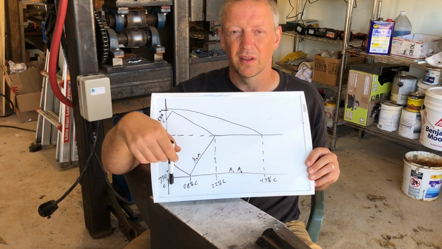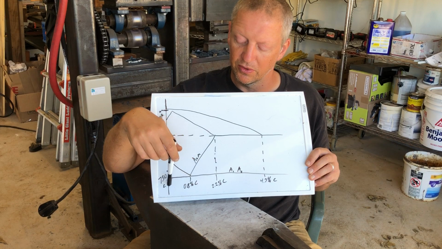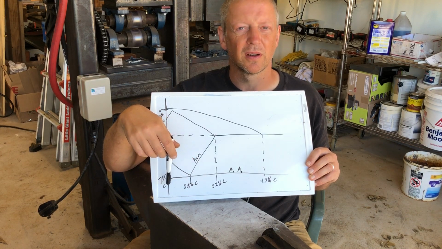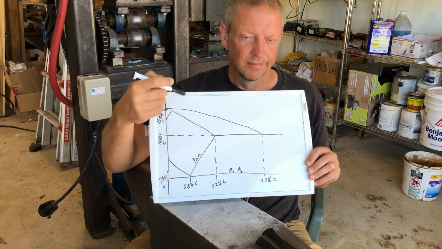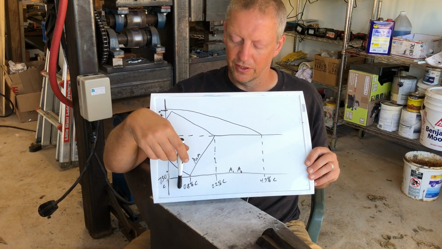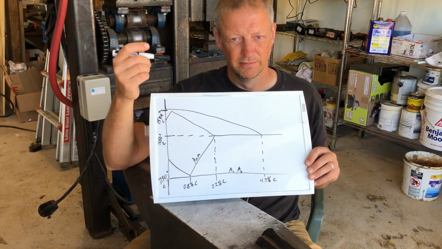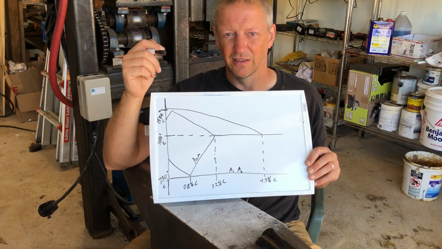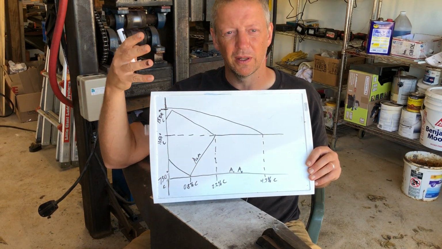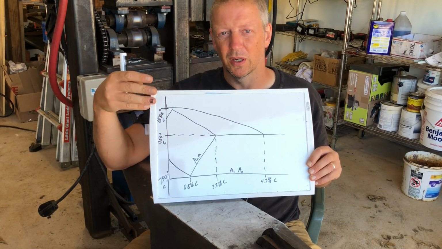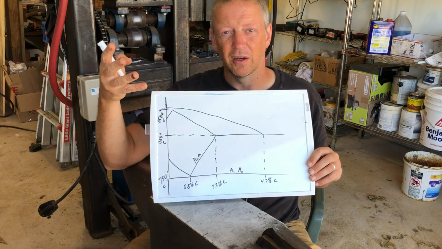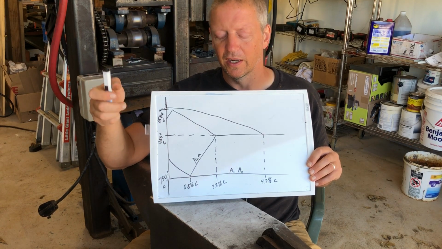Below this carbon content, below 0.8% carbon in the hypoeutectoid steels, if you've slow cooled your steel, you're going to get a mixture of perlite and ferrite. So basically you've got perlite, which is your mixture of iron carbide and pure iron, and then areas of pure iron, the ferrite.